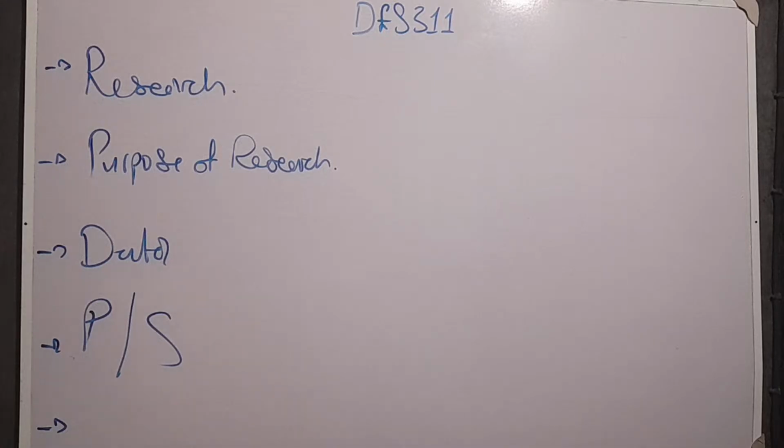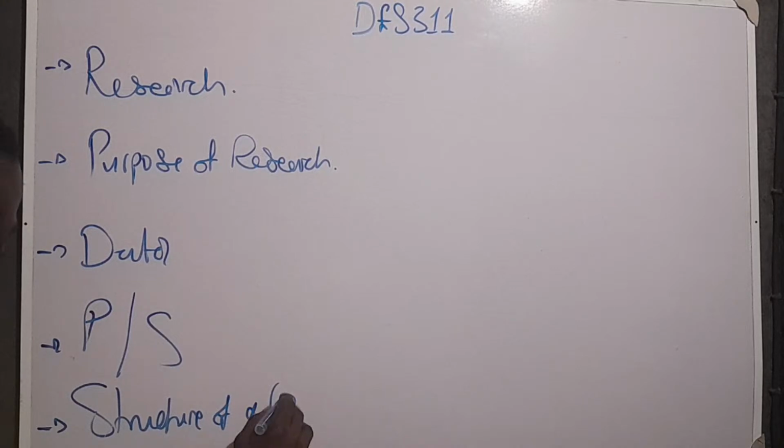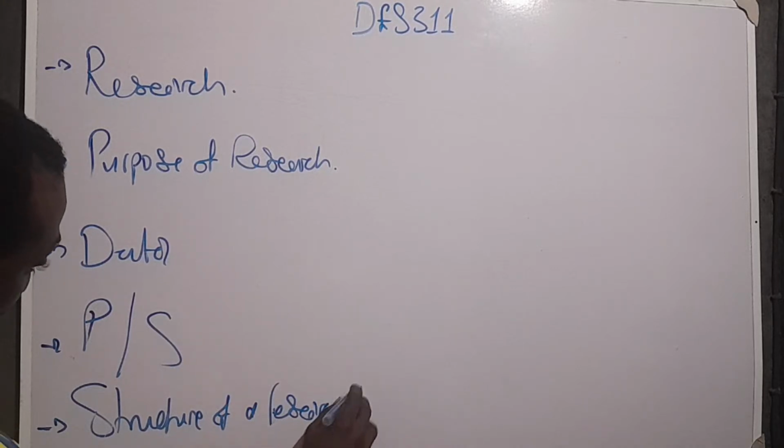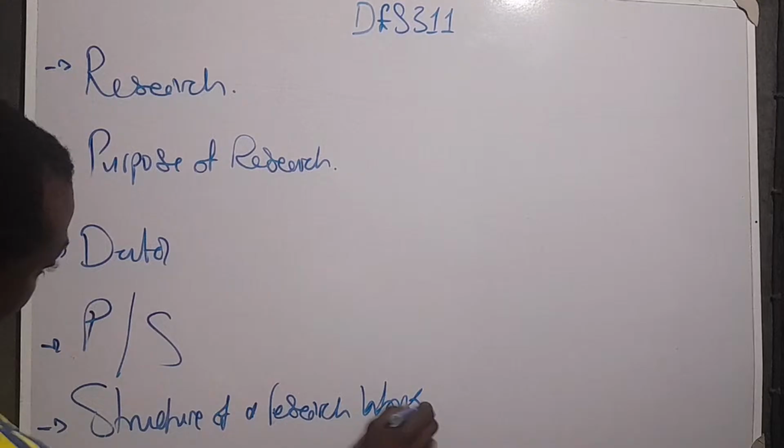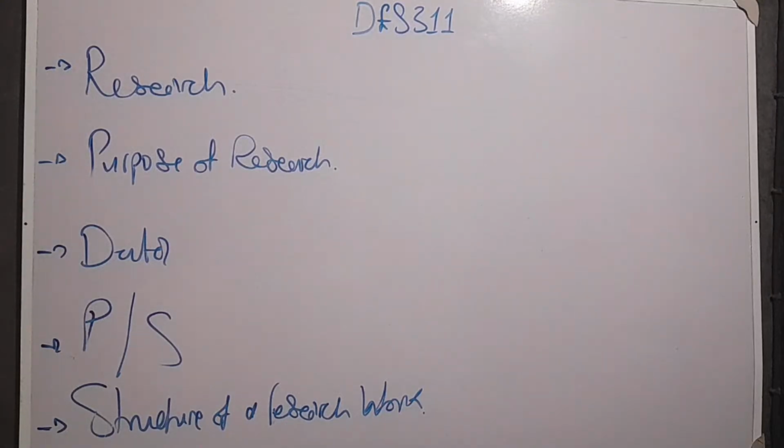Now, this is a very important question you need to pay attention to, or eventually it comes out in your exam. The structure of your research work. One thing you must pay attention to first and foremost is that you have your preliminary page. Structure of a research work. First, you have your preliminary page.